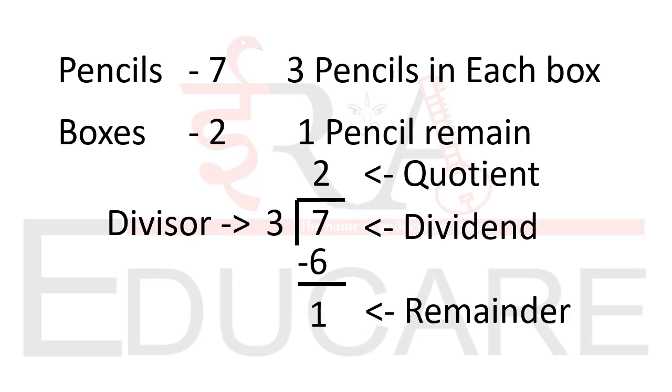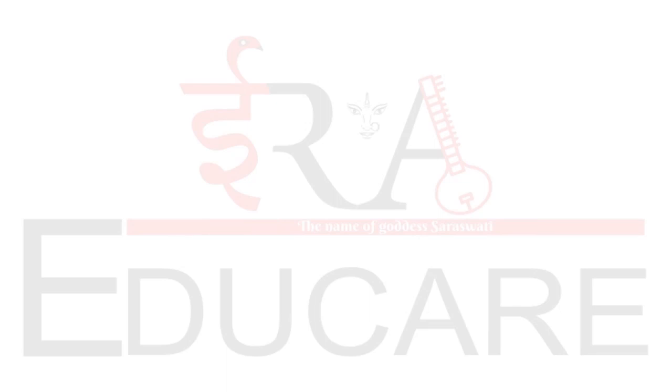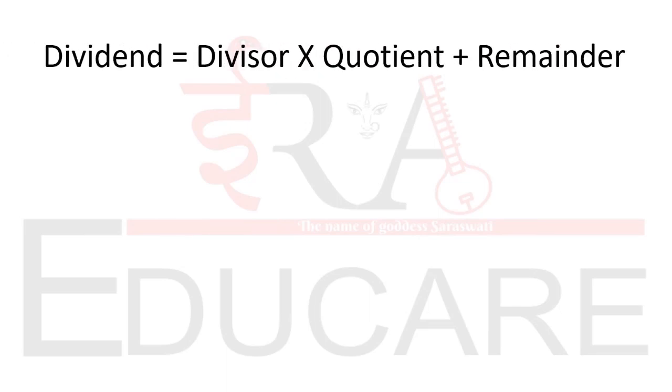Am I right? Now, can I say that dividend is equal to divisor multiplied by quotient plus remainder? In our case, dividend is 7, divisor is 3, quotient is 2 and remainder is 1.